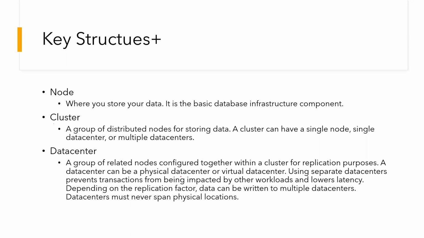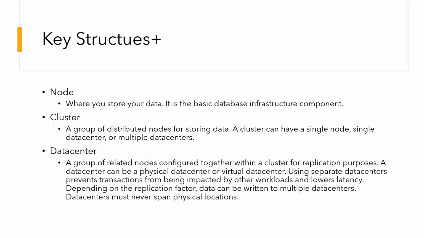And a data center relates to how, within a cluster, you are grouping your nodes together to resolve your replication purpose. When you define replication at a particular data center level or across data center levels, your cluster can span across multiple data centers.